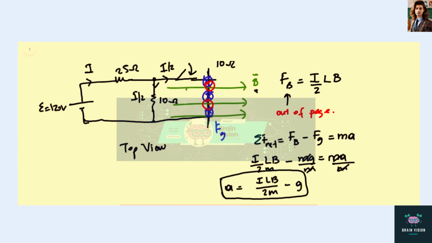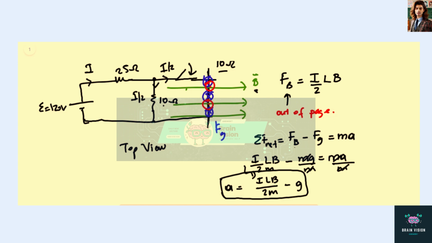Now, what we need to find is the current, right? We don't know what I is. We're given L and B and m and obviously g, but we need to figure out what I is. In order to figure that out, we need to apply Ohm's law and analyze the circuit. First of all, we have two resistors in parallel, and each has a resistance of 10 ohms.